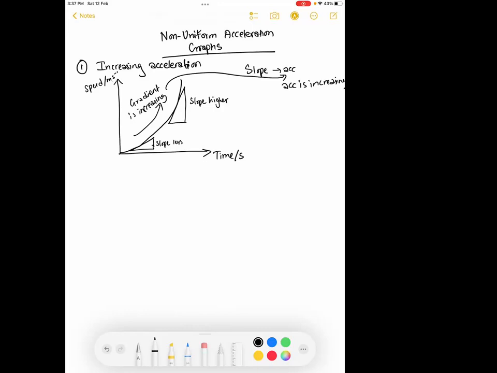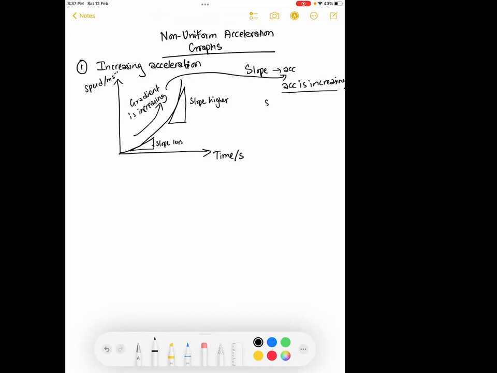Okay. Now, if the acceleration is increasing, what does it mean for the speed? The speed is also increasing. Yes, definitely. Even when the acceleration was constant, the speed was increasing, but at a constant rate. And right now, it will increase at an increasing rate.